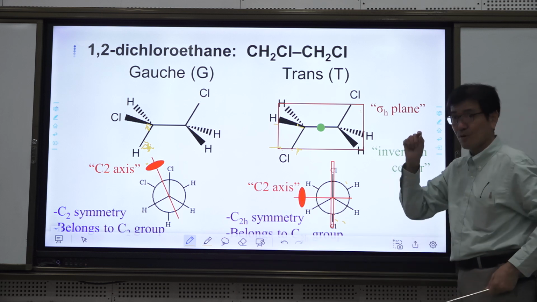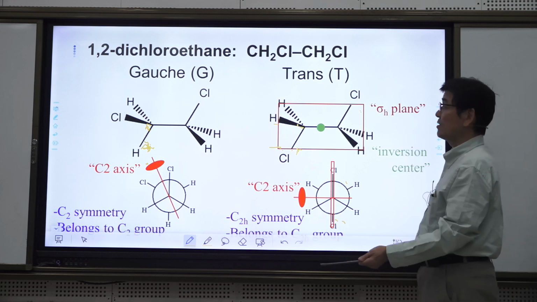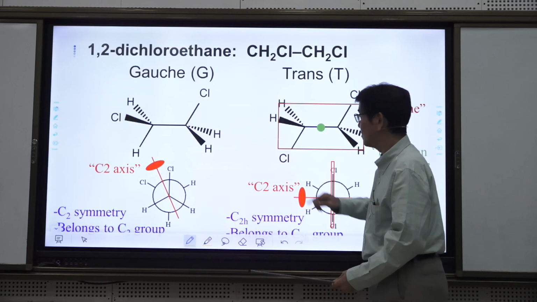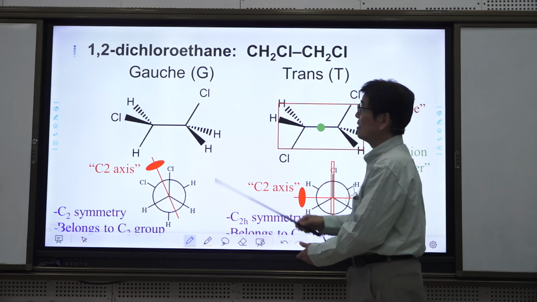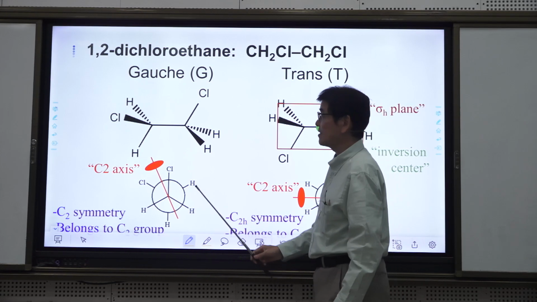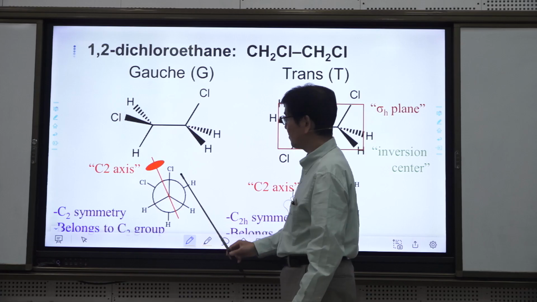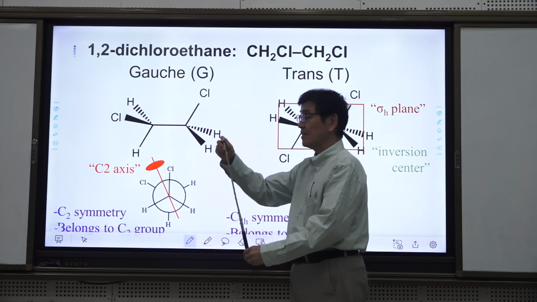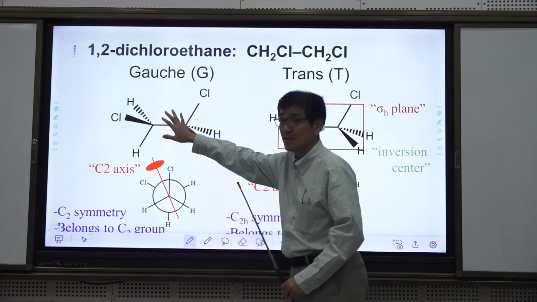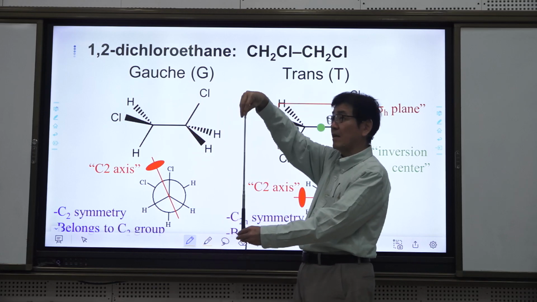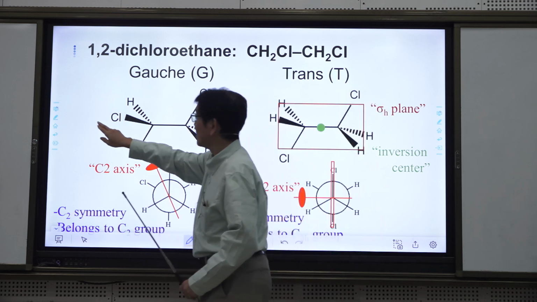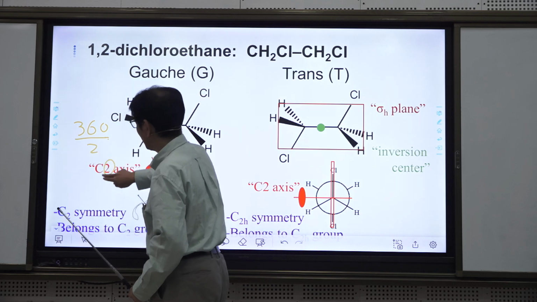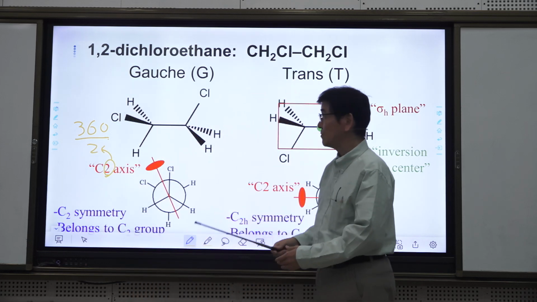When we pick up one molecule, we should check symmetry group that this molecule belongs to. A gauche form has a C2 axis along with this direction. When this molecule has C2 axis, let's rotate 180 degrees, or this 2 means 2.